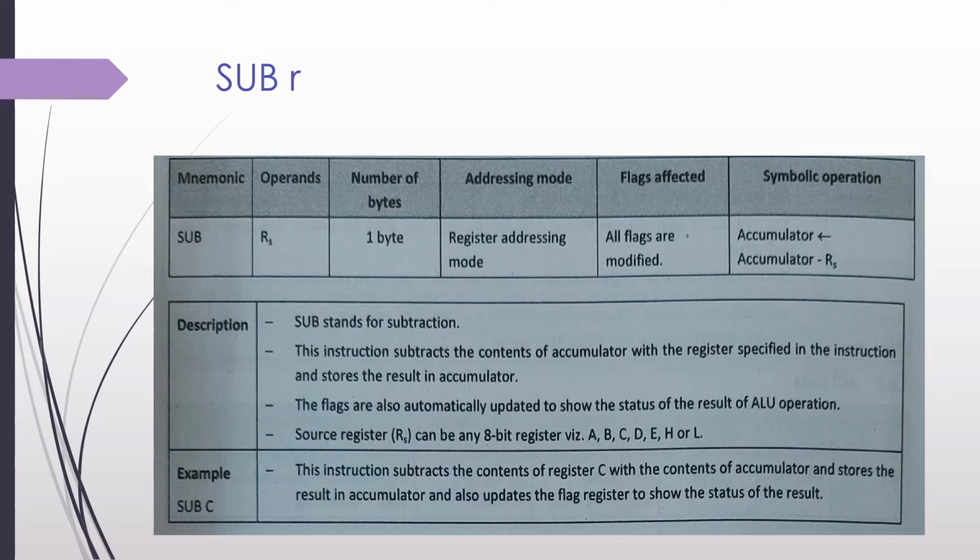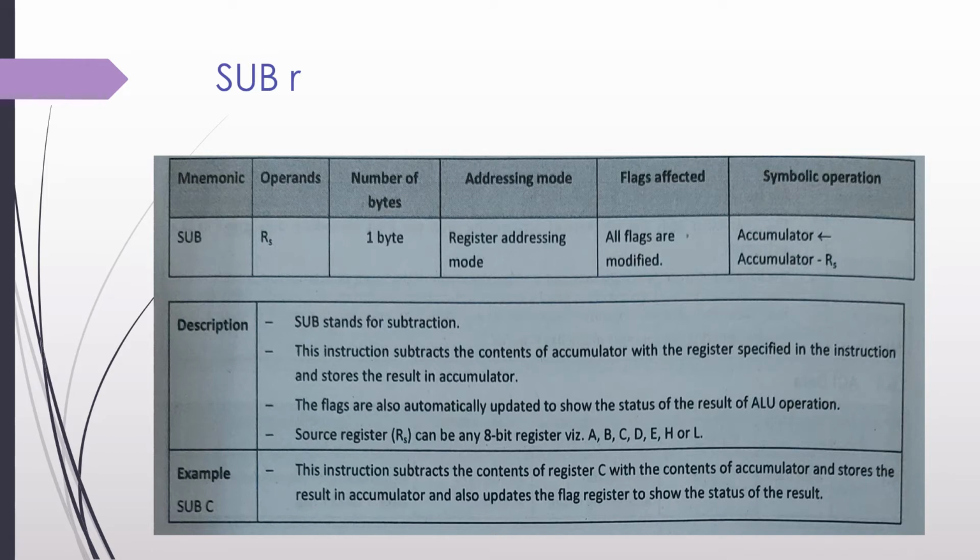microprocessor. The registers that are valid for subtraction are A, B, C, D, E, H and L. So any one of the registers can be your register R. If you write SUBA, it is A minus A, or SUBB, it is A minus B, something like that.